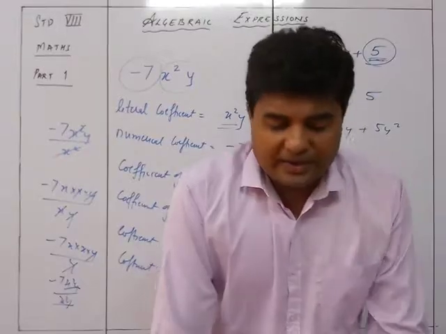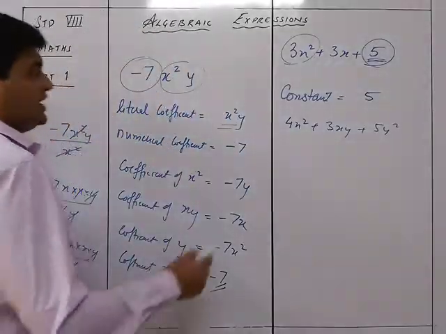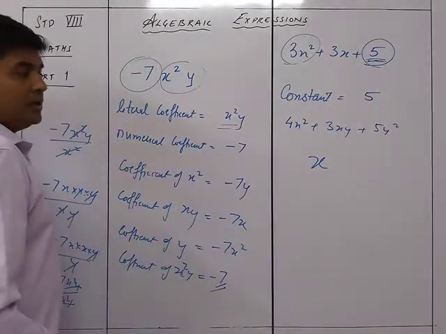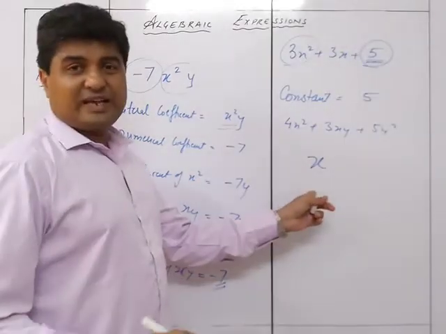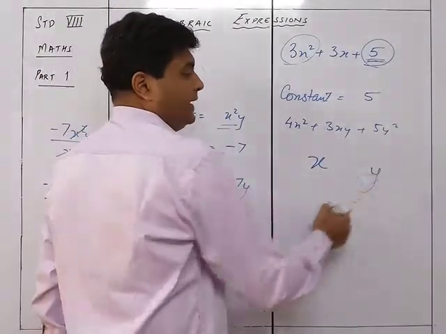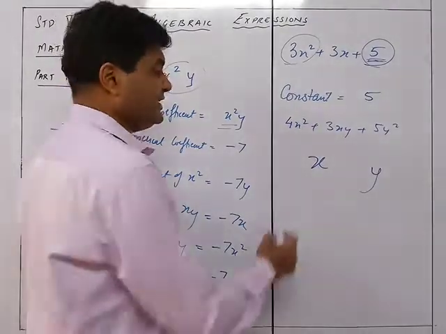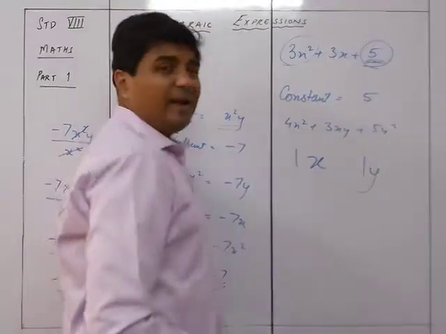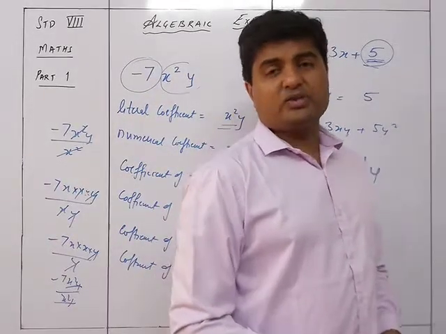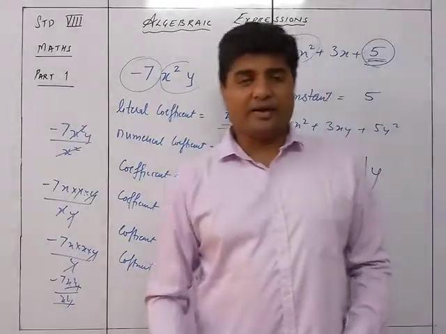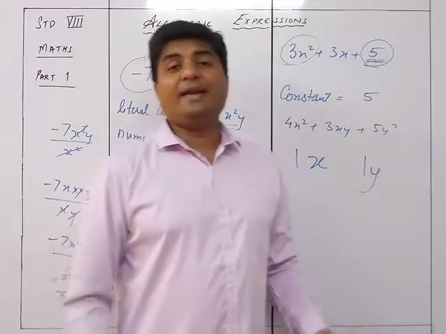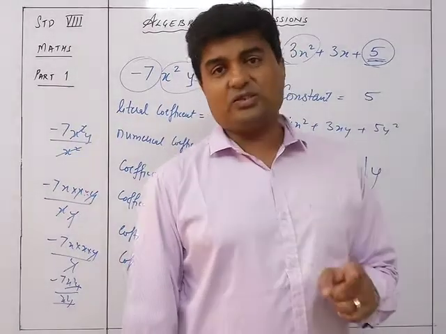Always remember that if I have just x or just y, it means that the numerical coefficient of this is 1. So when any particular number is not connected to a variable, it is actually 1x or 1y.